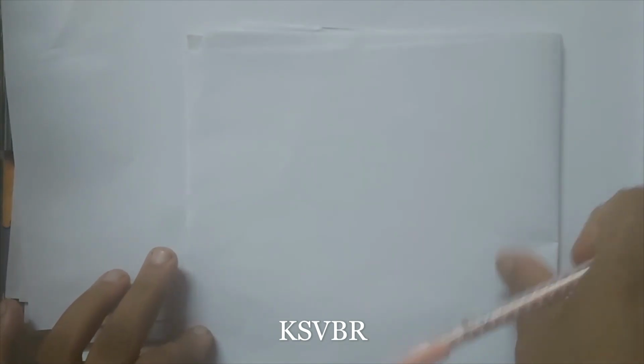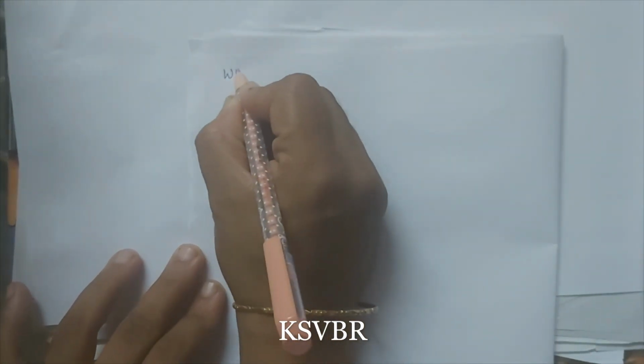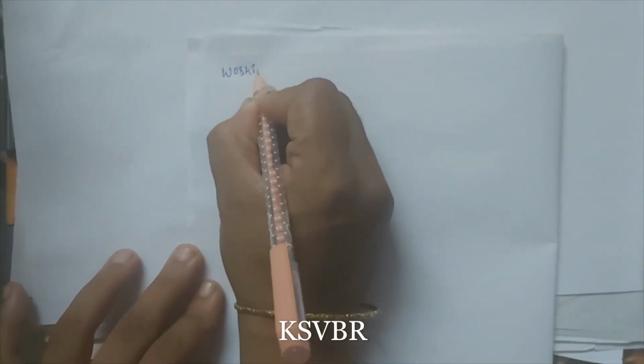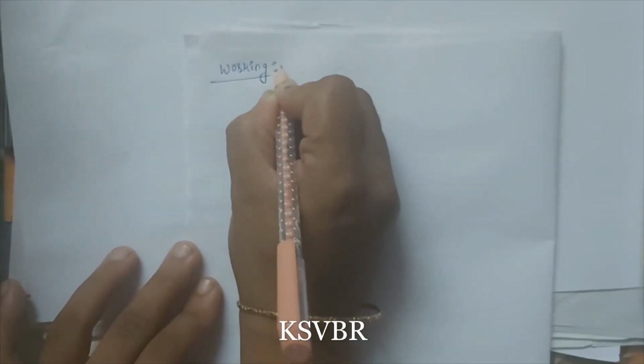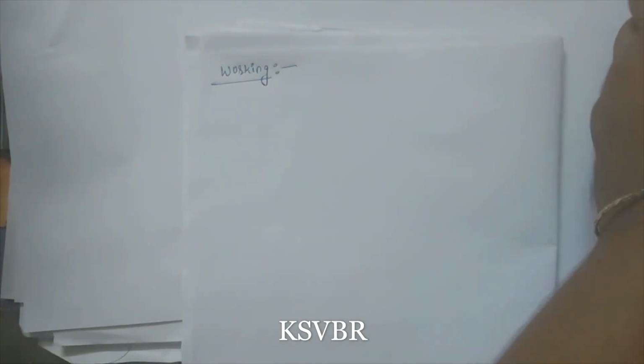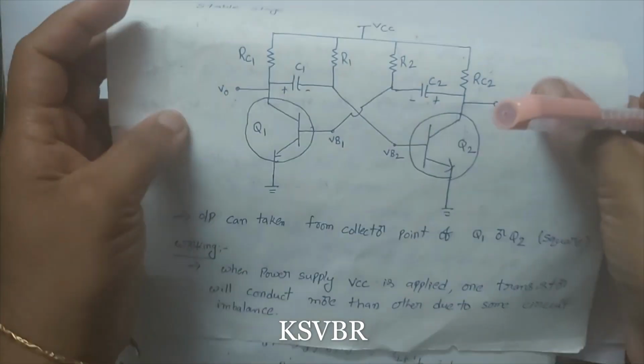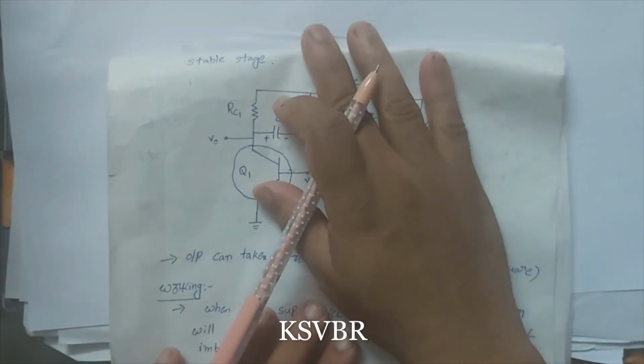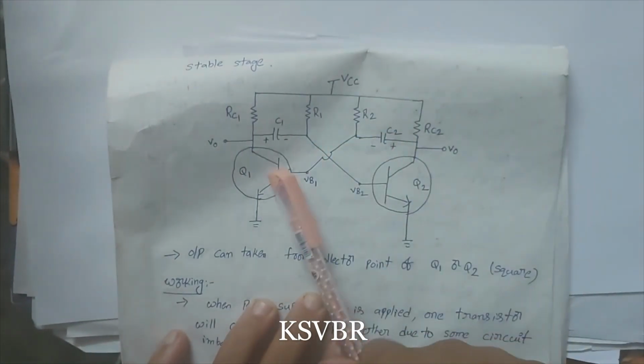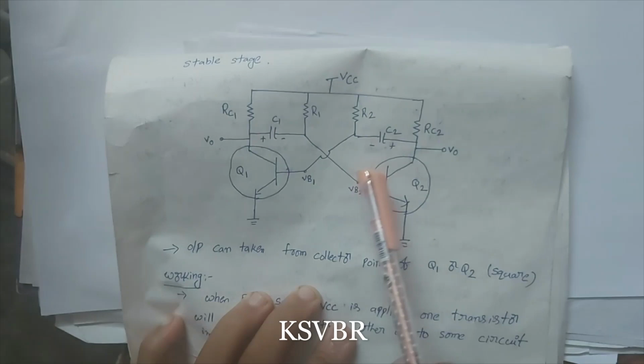So now moving to working. This is very, very important working. How does it work? If you see in this circuit, is there any external input signal that is applied to the base?